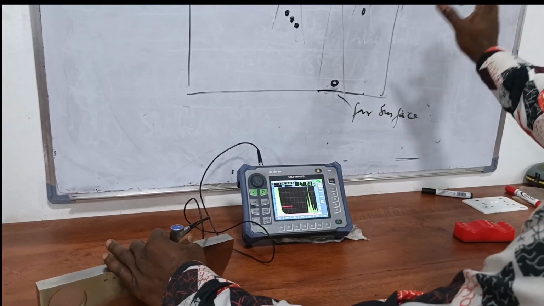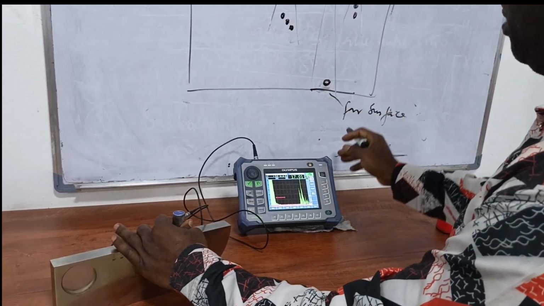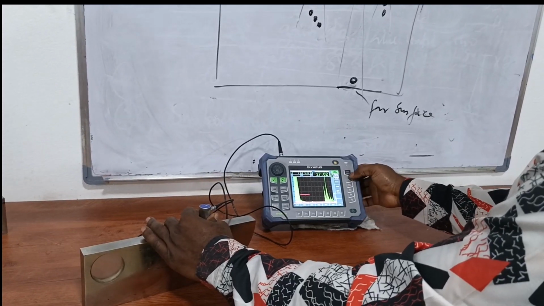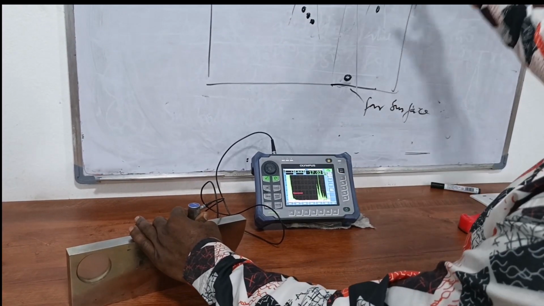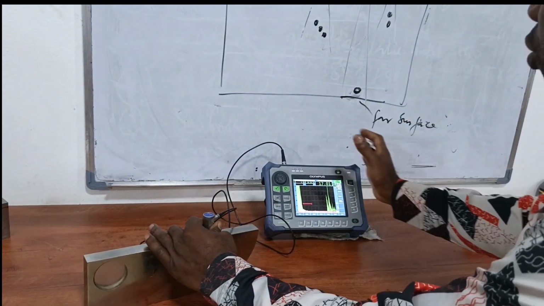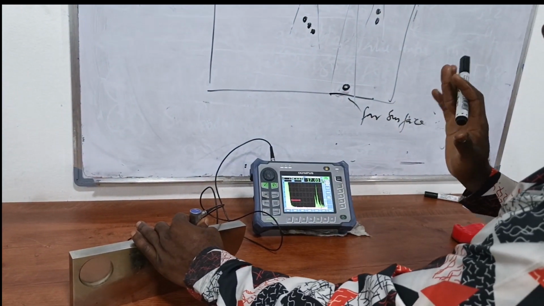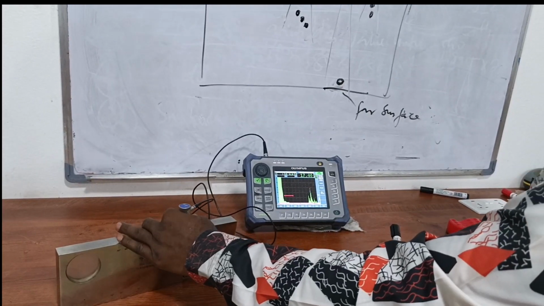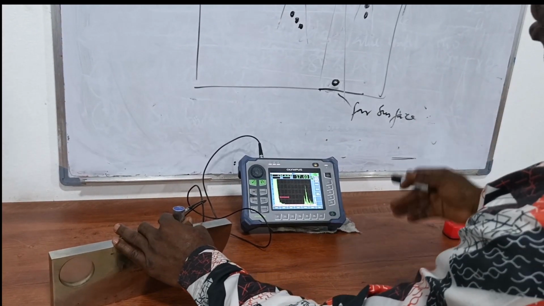If these indications are clearly captured, it means that the resolution of your probe together with your unit is okay. So that is just a very short way of checking your resolution.